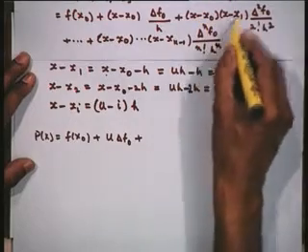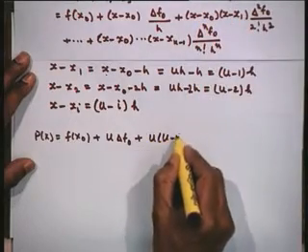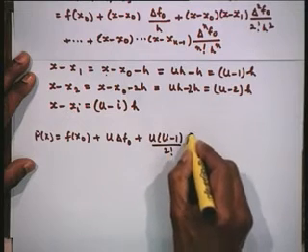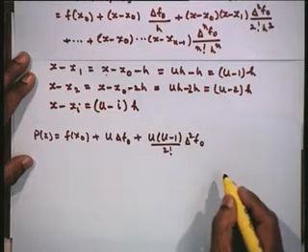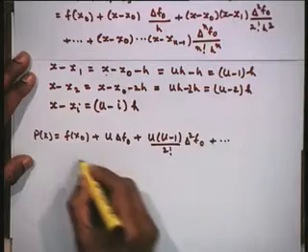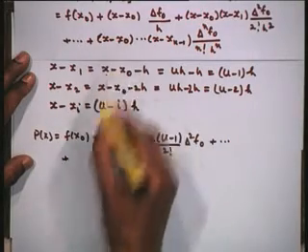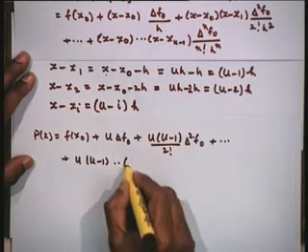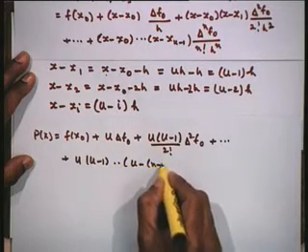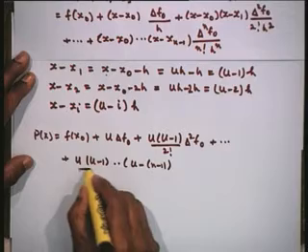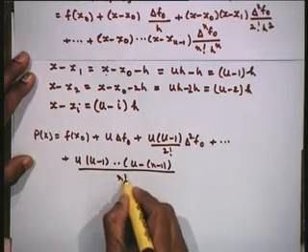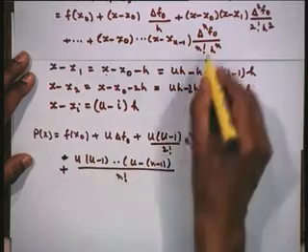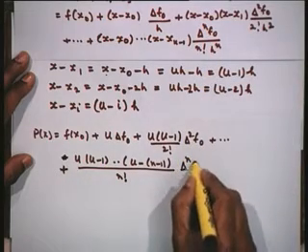Plus u into u minus 1, h square has cancelled, divided by factorial 2, delta squared f naught, plus so on, plus the last term, u into u minus 1 up to u minus of n minus 1, by factorial n. This factorial n is here and each one of them has got h, it cancelled. This is your delta n f naught.